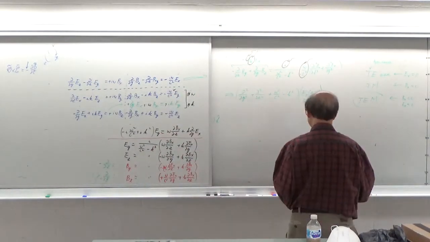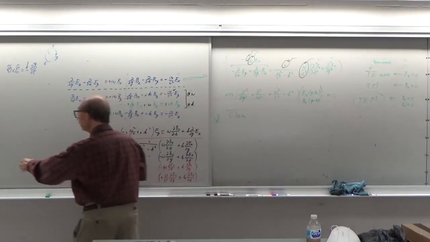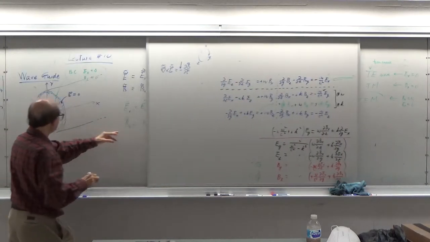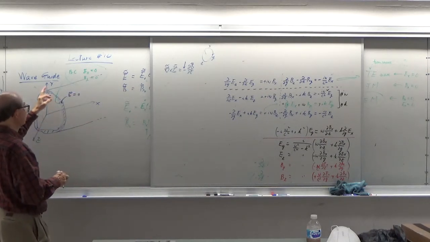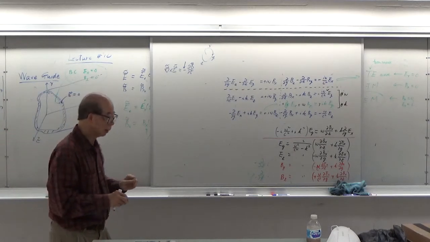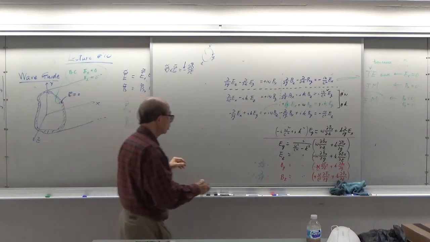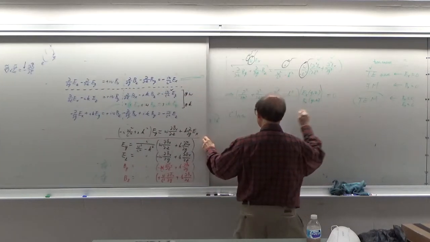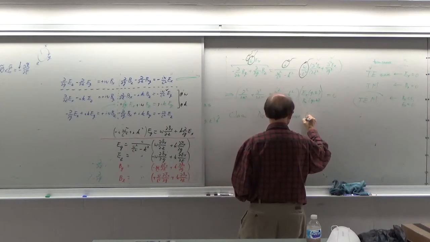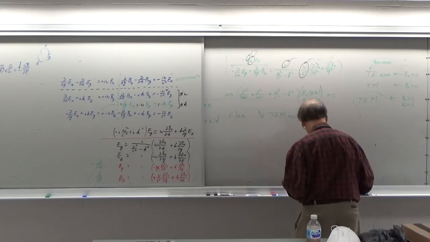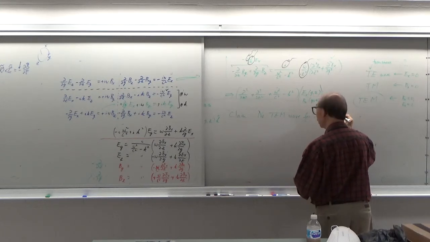It turns out that, claim: if we consider a hollow pipe as the waveguide, so in this waveguide there's only one region, the pipe is hollow, it turns out that there can be no TEM wave for a hollow waveguide.